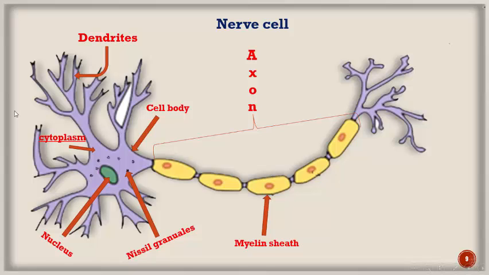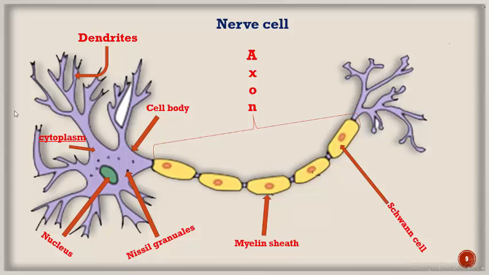The axon is the blue part extending from the cell body, and this yellow color is the sheath, covering the axon. Then you can see these cells, called Schwann cells, which secrete the fatty substance, the myelin sheath. And you can see there are some parts not covered by myelin sheath.